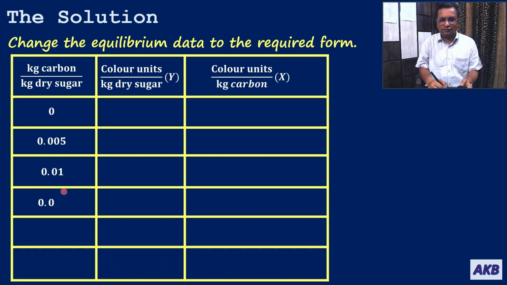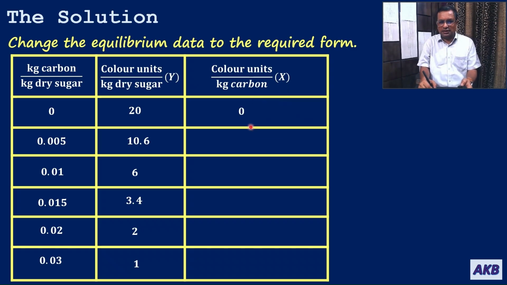So I will first collect the given values. Then we have obtained these different values of capital Y. Now we are going to get different values for capital X. When no carbon is added to the solution, there will be no adsorption of any color units. So X is color units adsorbed per kg carbon.